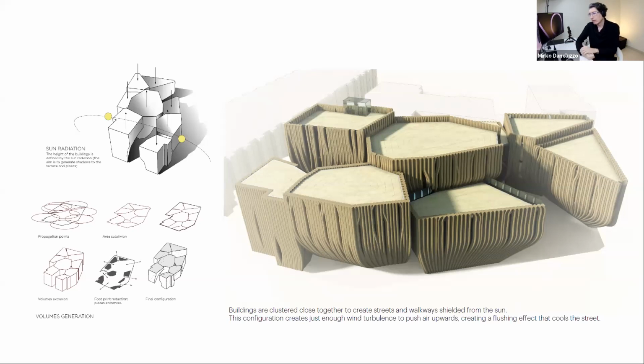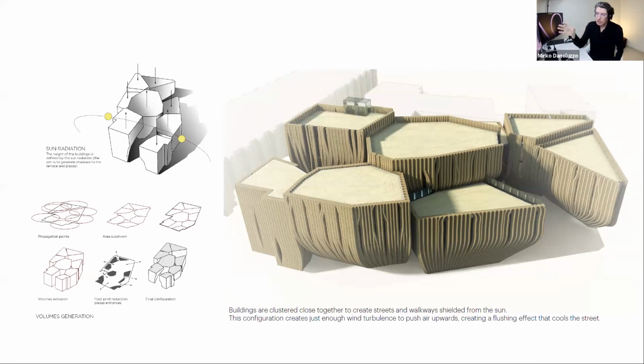Here, during the winter time, or in the mid seasons, it's amazing to enjoy the outdoor spaces. So it would be a pity to design a building that is not recreating a pleasant outdoor space. And this was also a driver for the general configuration of the volumes.